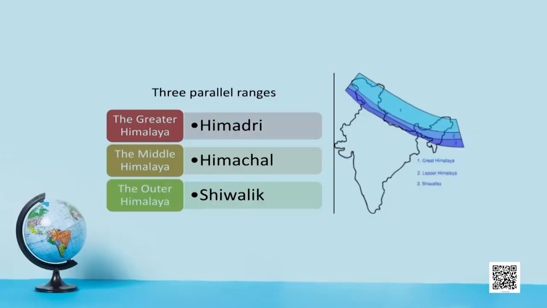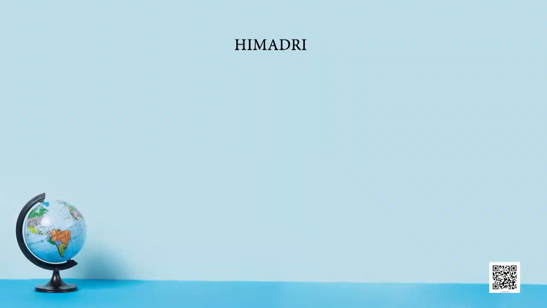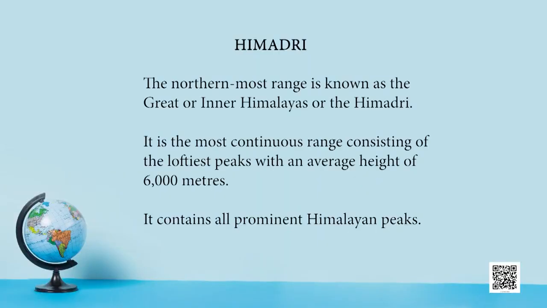Children, you must have done in your previous classes that the Himalayas can be studied in three parallel ranges. The three parallel ranges of Himalayas are Himadri, Himachal and Shivalik. Let's try to know more about these three parallel ranges, which is of course very interesting. Himadri is the northernmost range, which is also known as Great or the Inner Himalayas.